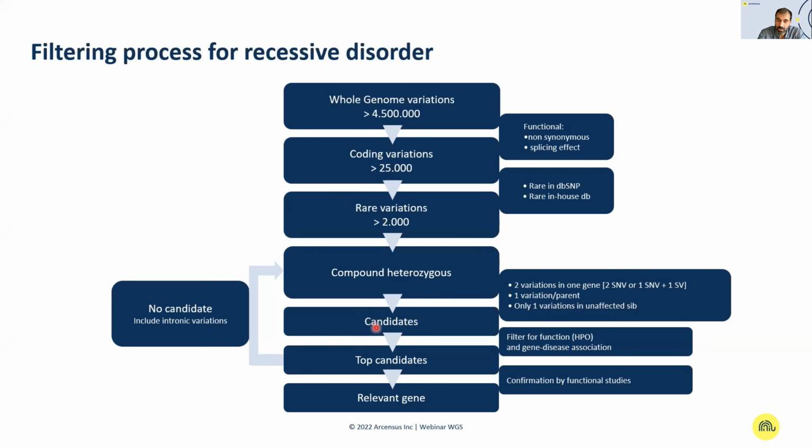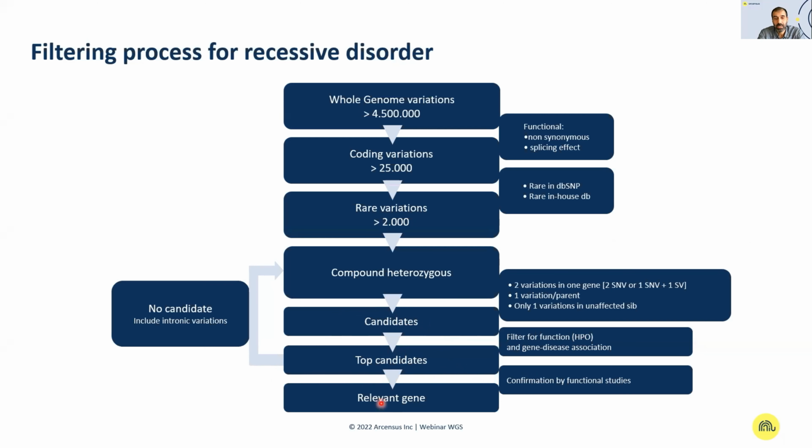Then you end up with a list of candidate genes, and we use the HPO terms that I just explained in the previous slide to focus only on the genes that are expected to be associated with the symptoms. Then we end up with the top candidates. For these top candidates, we need to confirm functionally if the gene is not yet known, or if the variant is not clearly expected to be disease causing.